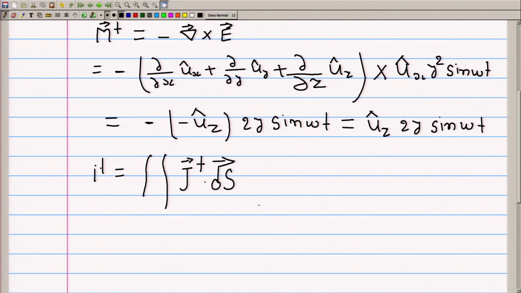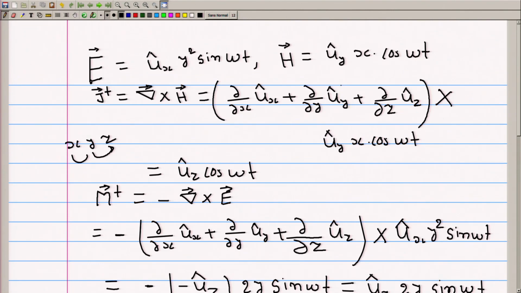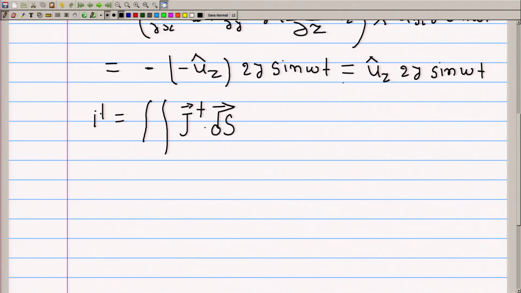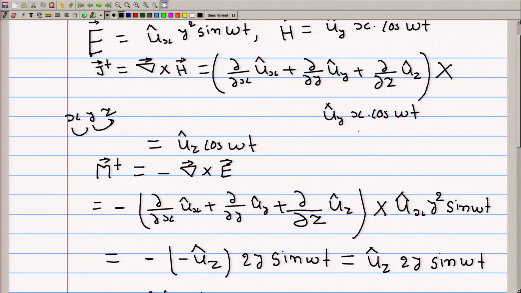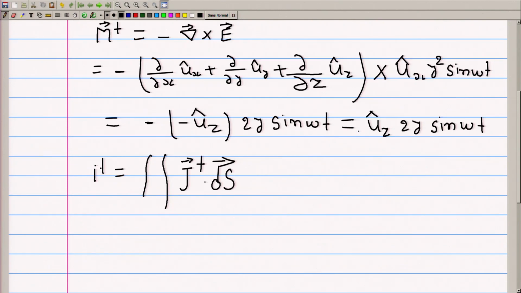We can substitute the value of Jt, that is uz cos omega t.